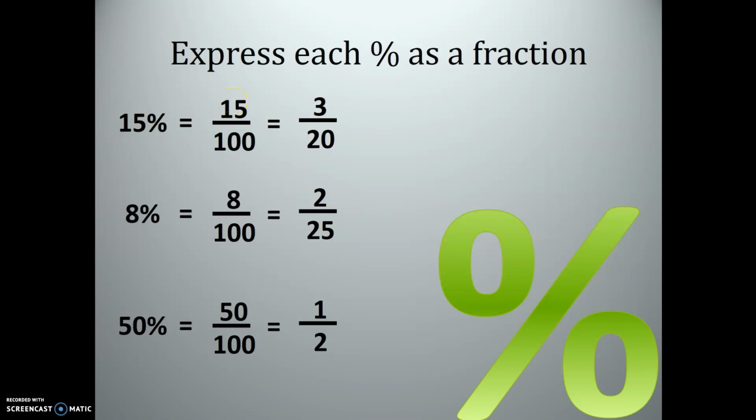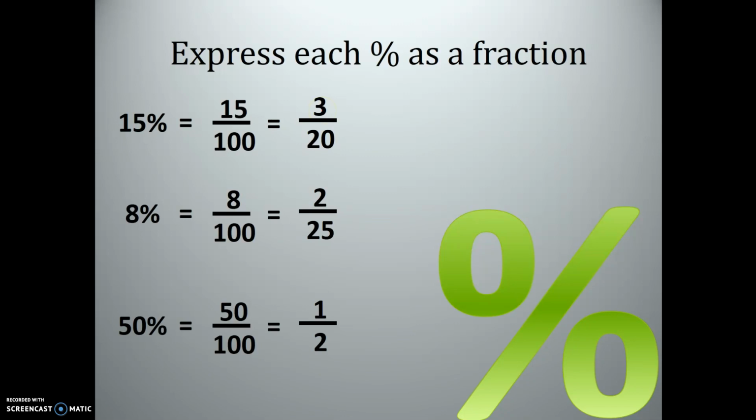We're going to put it over 100 because remember, percents are a special fraction with 100 in the denominator. And then we could simplify that. So 15% would equal 15 over 100. And then if we simplify that, we're going to divide both by 5, right? Then we would get 3/20.